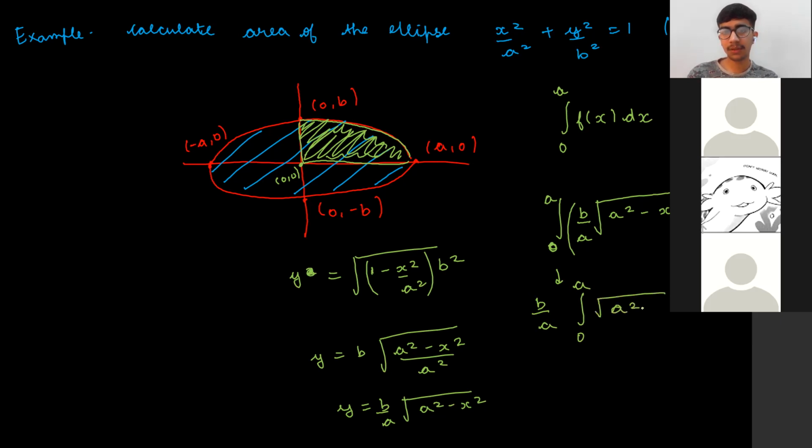I'm not going to solve this integral now because it's just a formula, तुमको आता है already solve करना. So I'll write the final answer. I have the final answer with me. Okay, so this will solve out to pi times a times b.